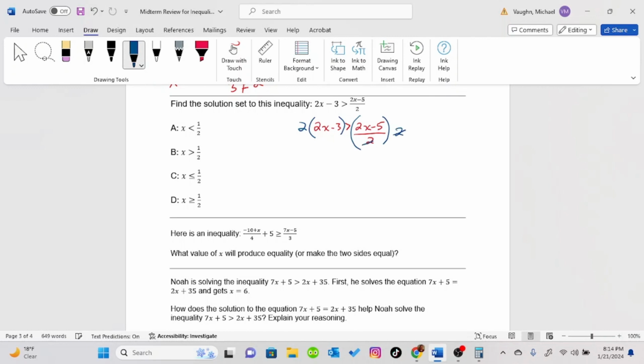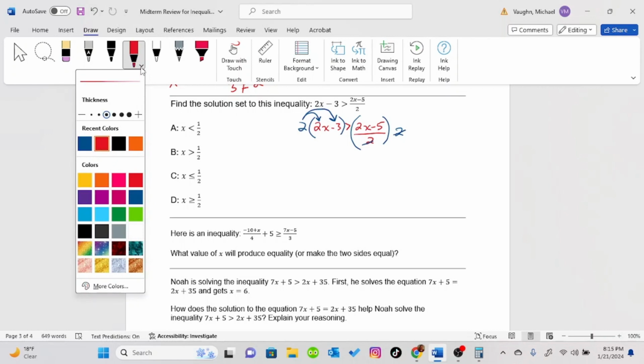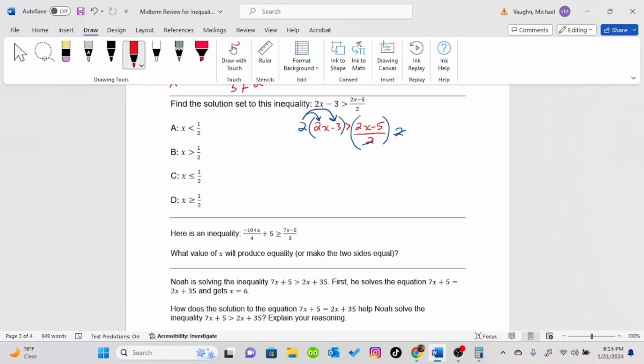This will cancel out the 2's, and then we distribute the 2 on the left. So 2 times 2x becomes 4x. 2 times negative 3 becomes negative 6. And we have 2x minus 5 on the right.